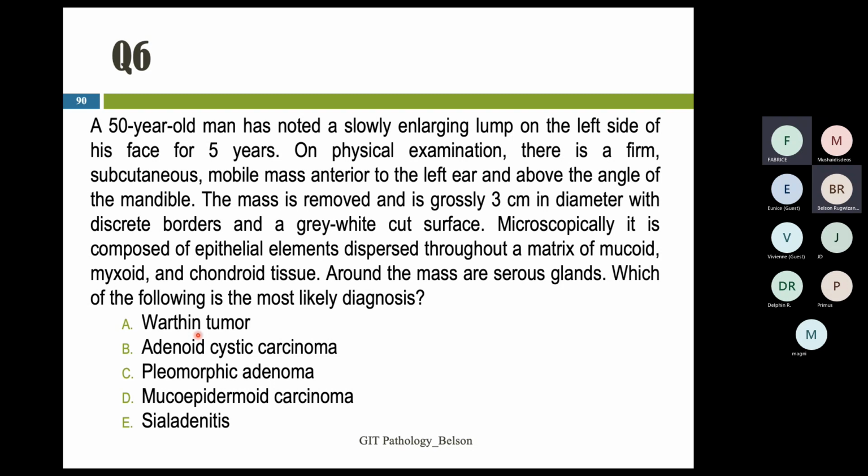The mass is removed and is grossly 3 centimeters in diameter with discrete borders and a gray-white cut surface. Microscopy shows epithelial elements and a matrix of mucoid, myxoid, and chondroid tissue. Around the mass are serous glands.